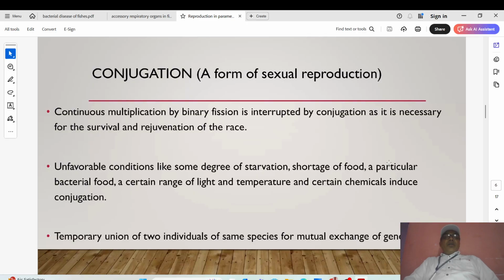Now we will start sexual reproduction in Paramecium, that is called conjugation.